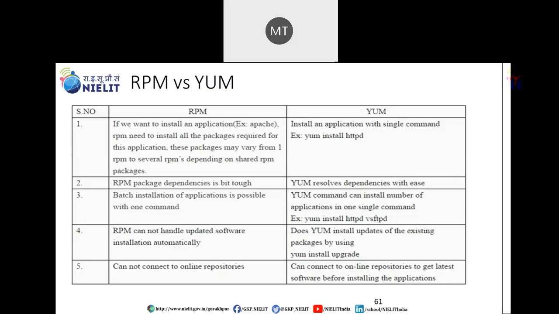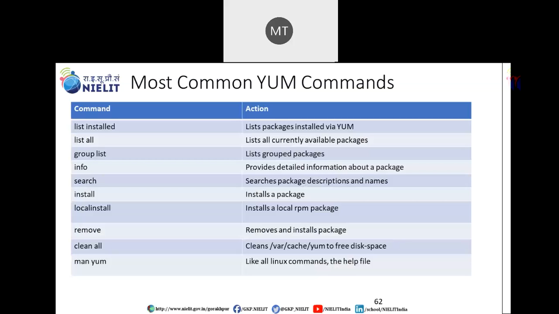Yum can install a number of applications in one single command, for example yum install httpd vsftpd. RPM cannot handle updated software installation automatically. Yum can automatically update the software. RPM cannot connect to an online repository, while yum can connect to an online repository to get the latest software.